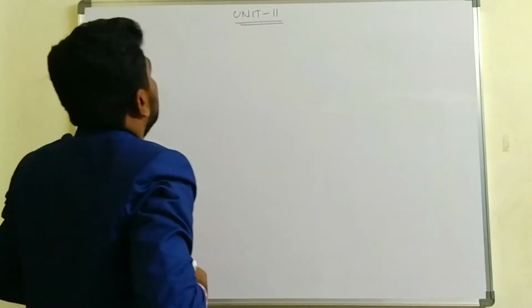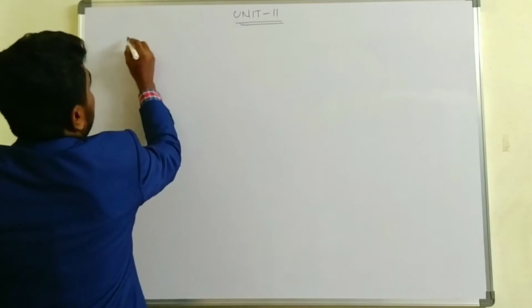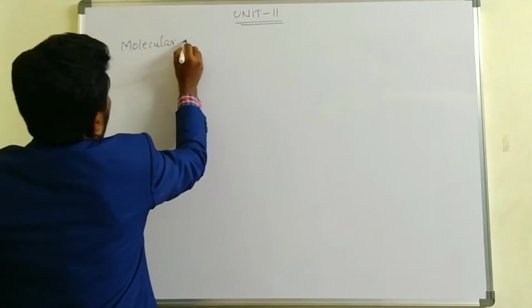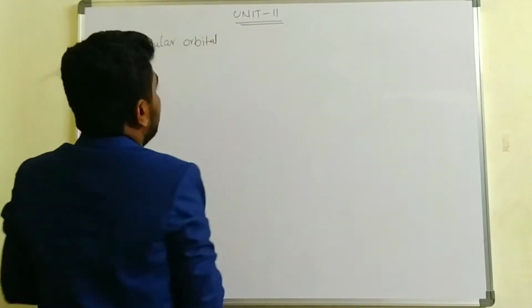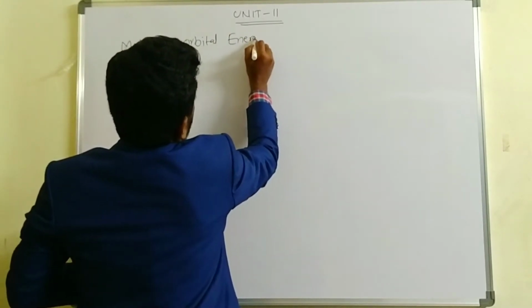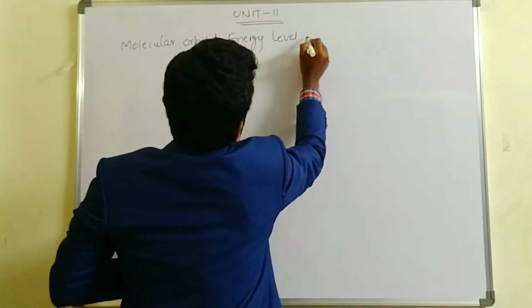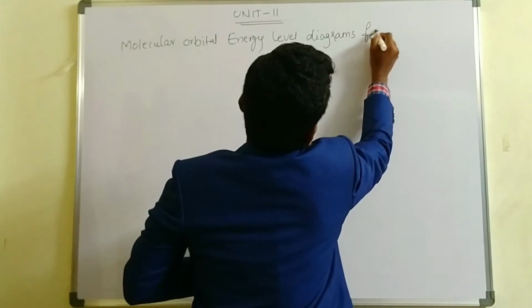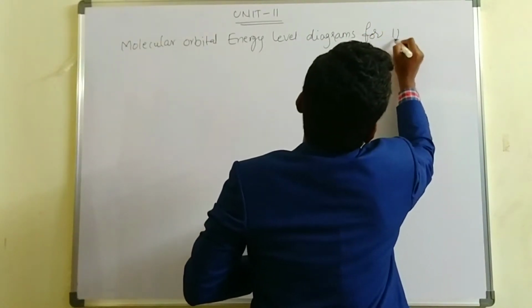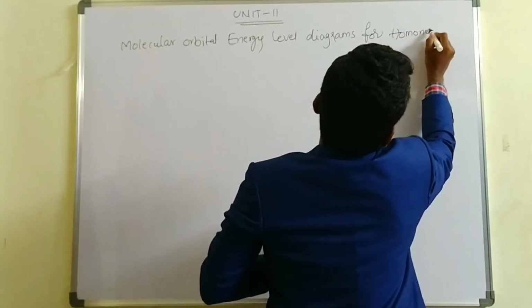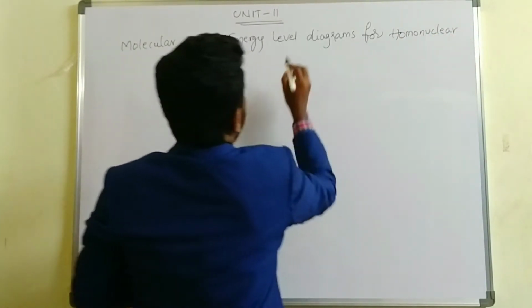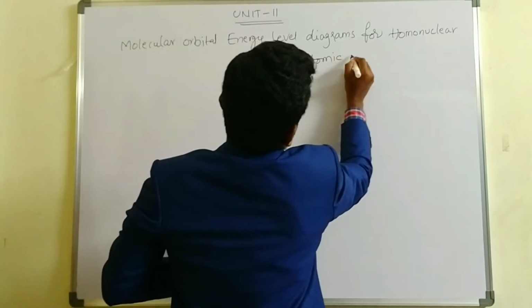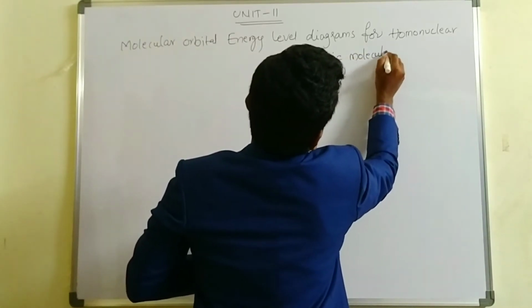Today we are going to discuss molecular orbital energy level diagrams for homonuclear diatomic molecules.